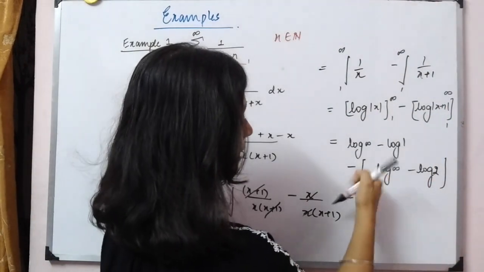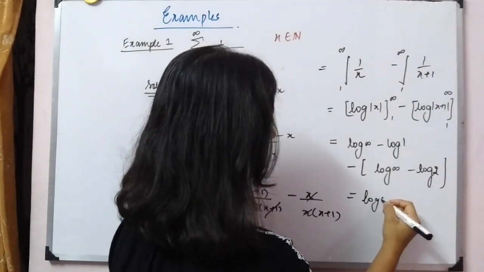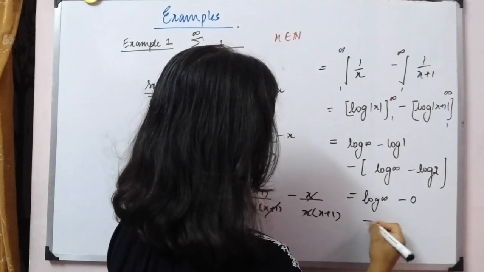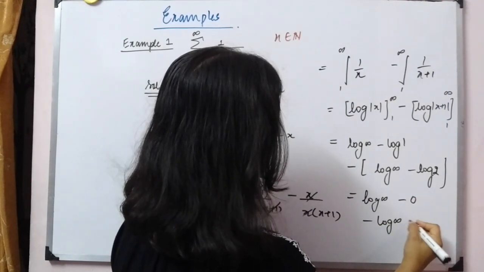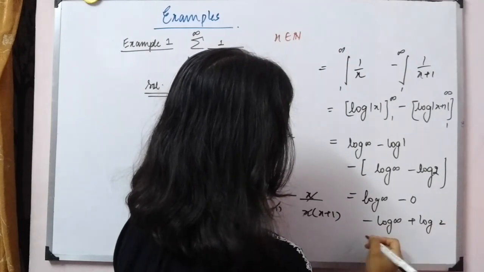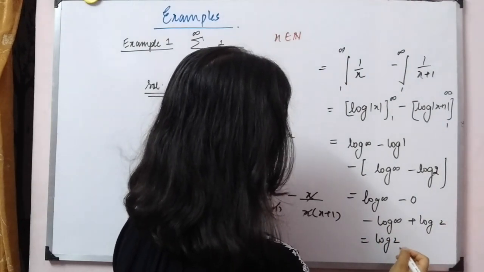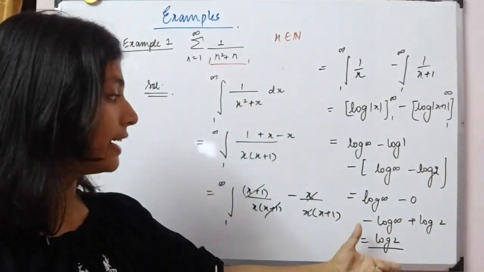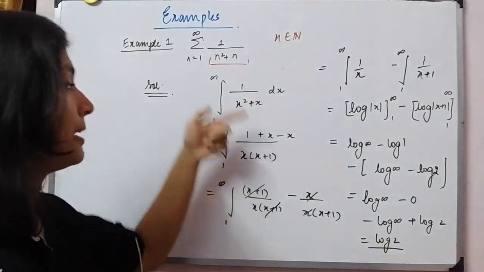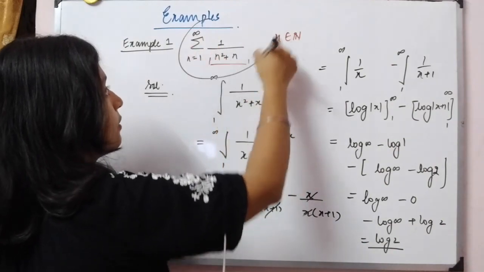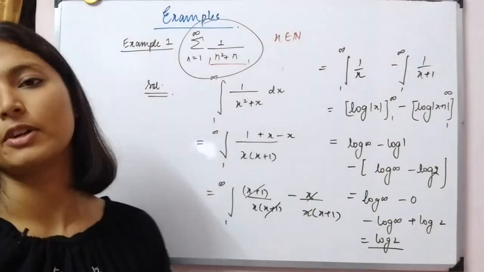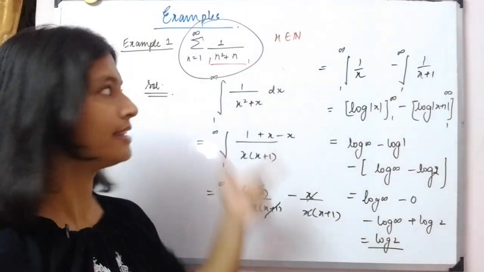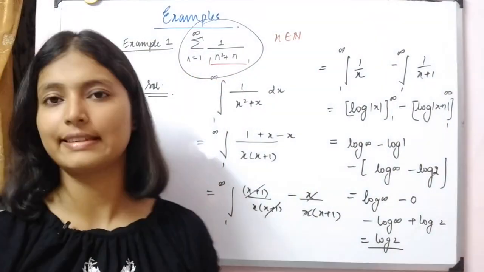So let's open the bracket, we get log of infinity minus 0 minus log of infinity plus log 2. We are left with log of 2, which is a finite term, hence we have a finite answer of the integral. This implies this series also goes to a finite term and converges. So by Cauchy integral test, this is a convergent series.